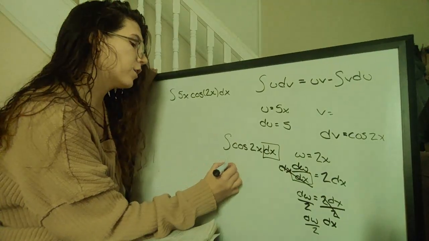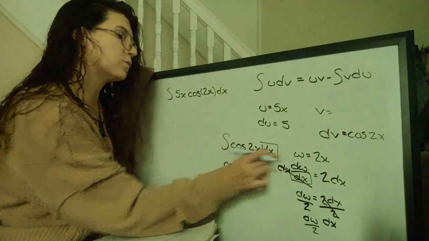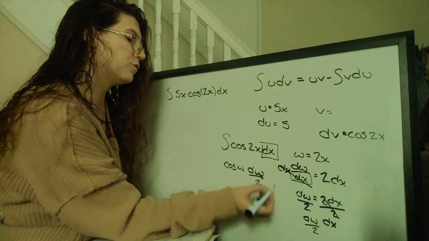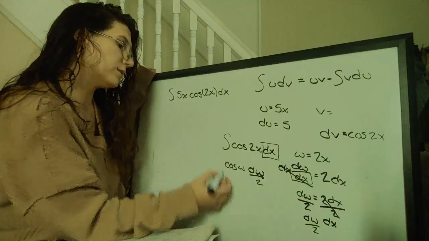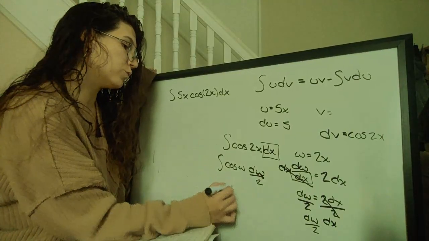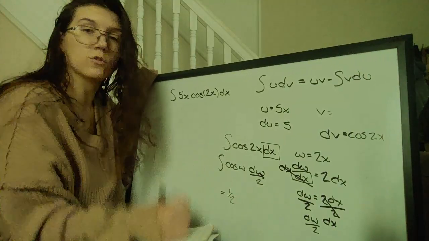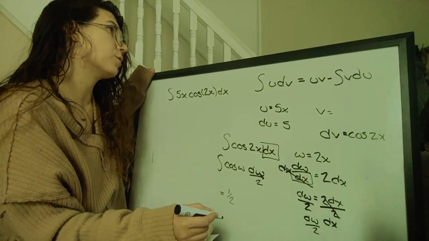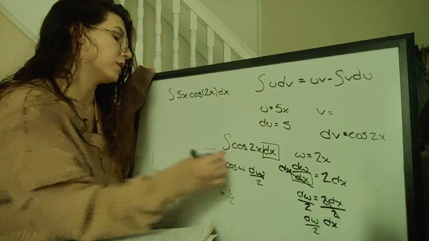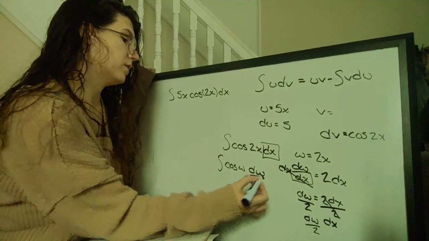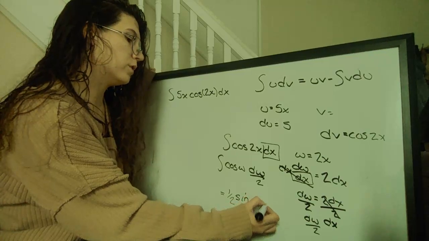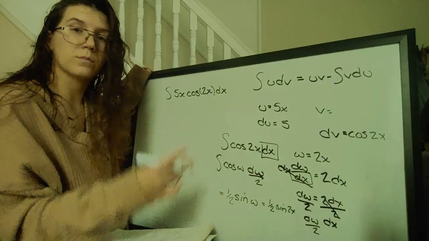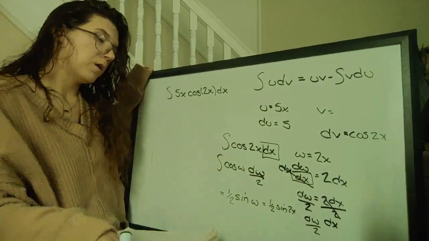So here I have cosine of w, because we set that equal to 2x, and then dw over 2. I take the integral of this, and since I have divided by 2, I can write that as 1/2, and then the integral of cosine is sine of w, or 1/2 sine of 2x plus c is what that ends up being.